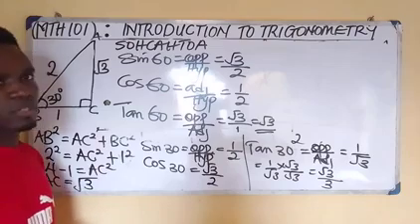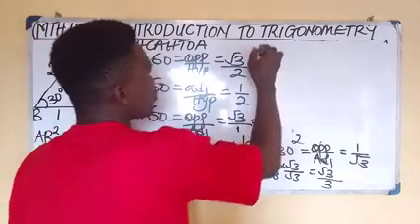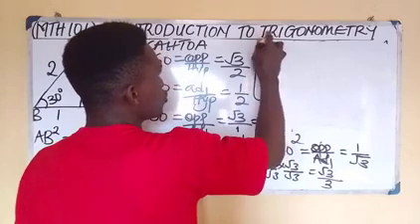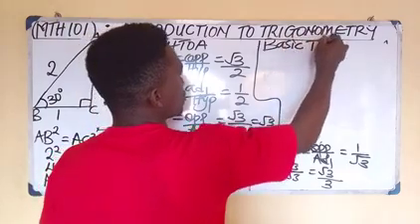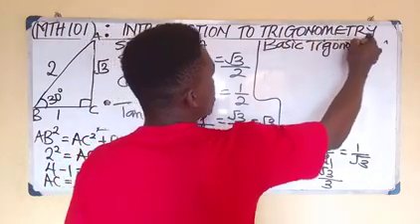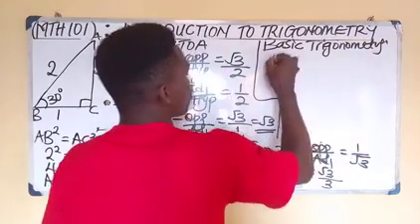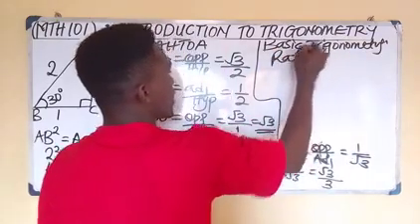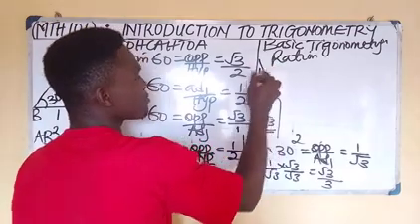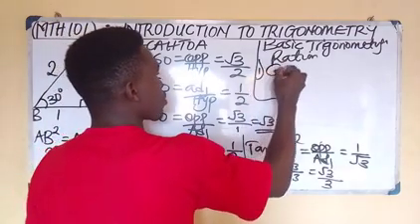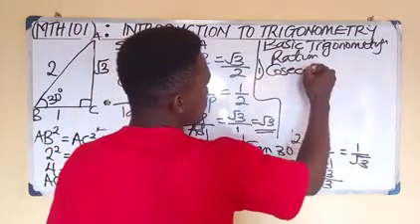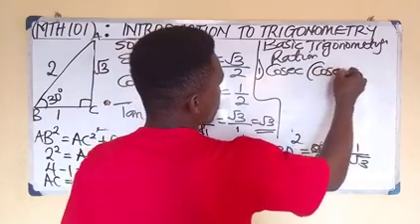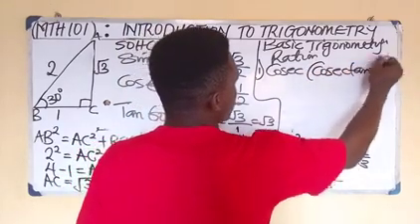tan 60 root 3. Now there's what I call the 3 basic trigonometry ratios. Alright, now the very first one is called cosec, that is cosecant.